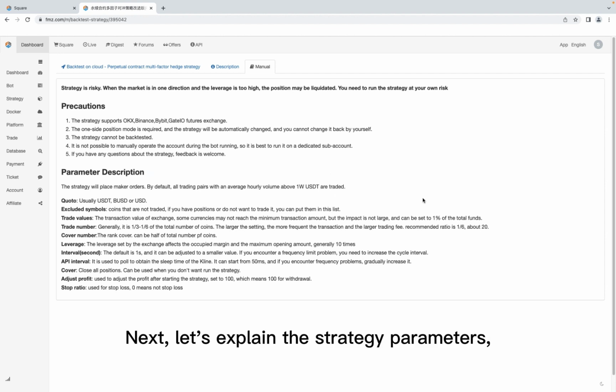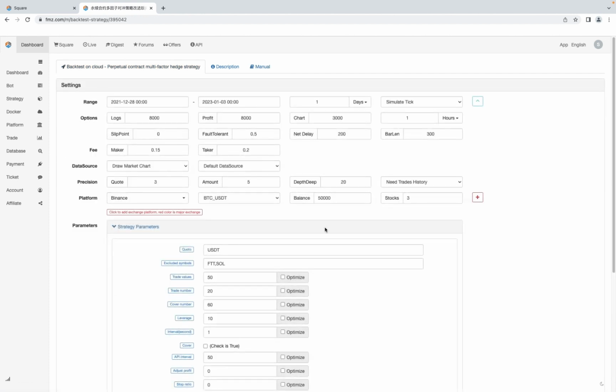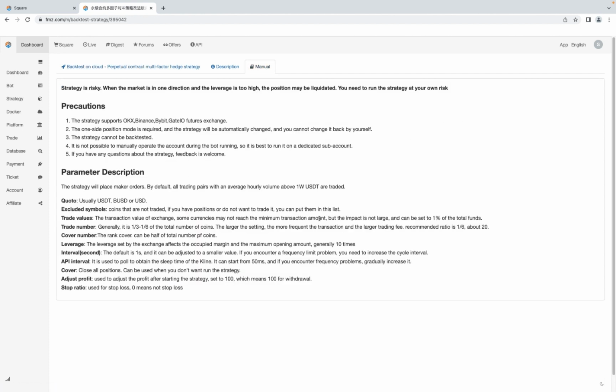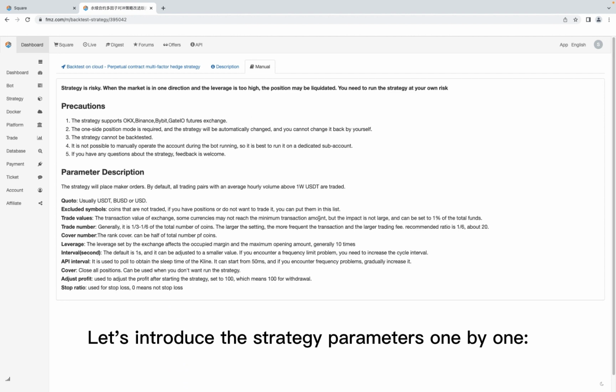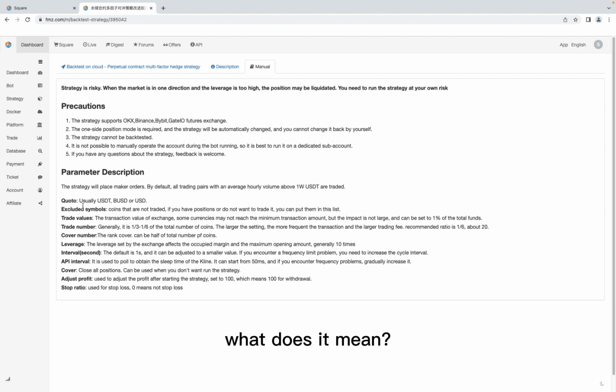Next, let's explain the strategy parameters. For example, during the backtest, we can see the strategy parameter information. Let's introduce the strategy parameters one by one. The first strategy parameter is called quota. What does it mean?